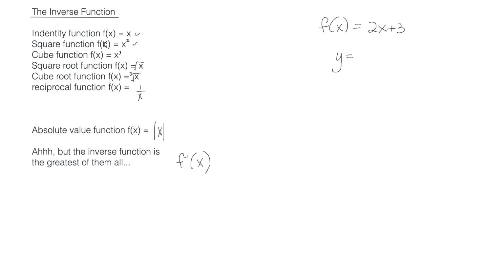Like the answer after you do all that stuff equals y. So you substitute f of x equals y, and you write it again. Now you're going to switch places with the x and the y and solve again for y. So instead of y equals 2x plus 3, I have x equals 2y plus 3.